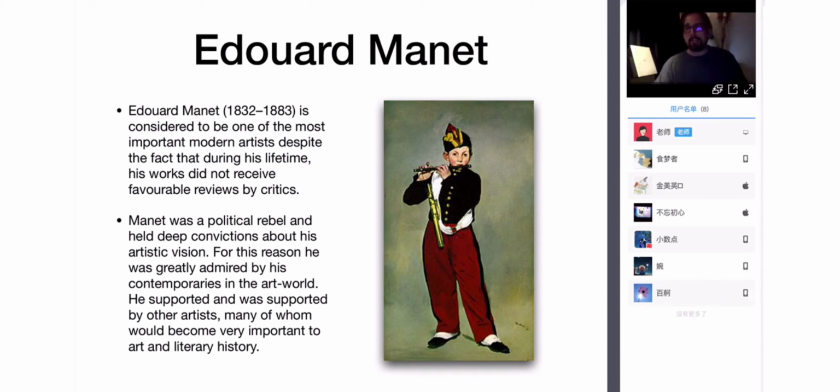And for this reason, he gave that dimension, that aspect to the Impressionist movement, and it was really exciting for artists, other painters, and writers and musicians.